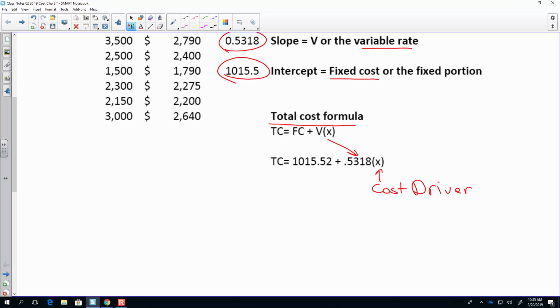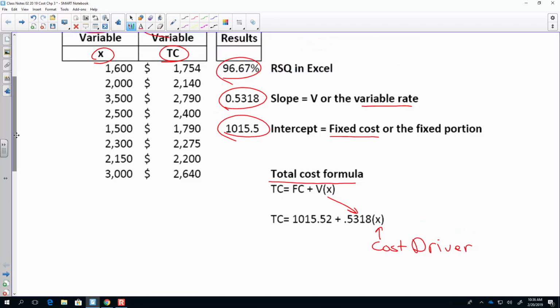So simply, if you want to practice this, put in your X's, put in your Y's, and see if you come up with the results. Be aware, the Y's are always cost, right? So make sure you pick the right Y's. Be also aware that the Y's and the X's can be reversed. Y could be in column 1 or A, and X's could be in column B. Don't always assume that X is on the left and Y is on the right.